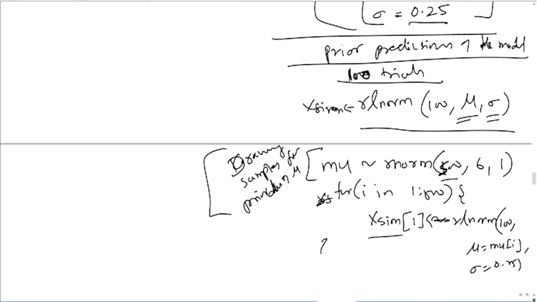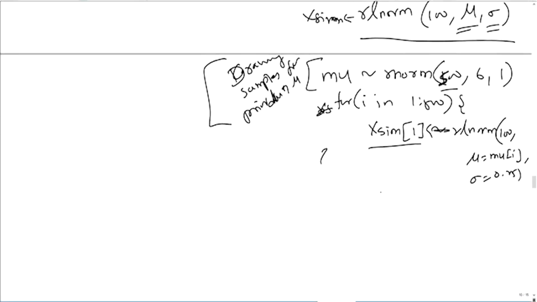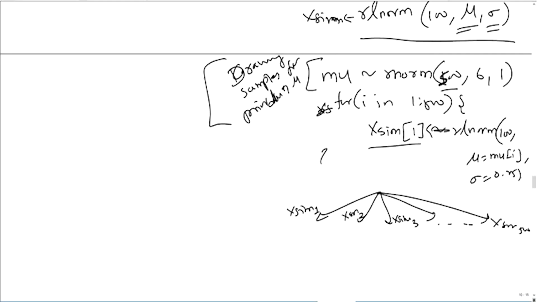Now what this will end up giving you is 500 prior predictive samples. Let's say this is the first sample, let's call it x1, then x2, x3, up to x500. You will get 500 prior predictive samples, where each sample contains 100 observations, basically whatever sample size you wanted.